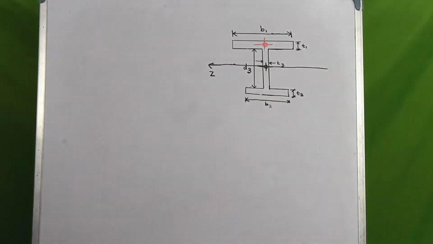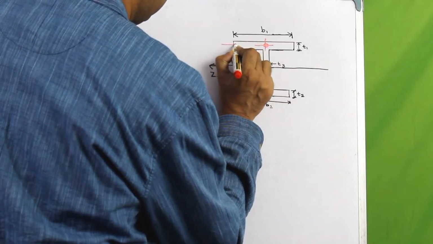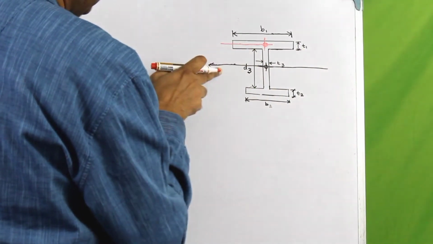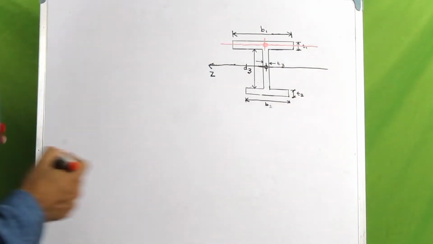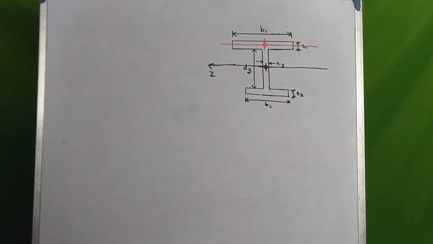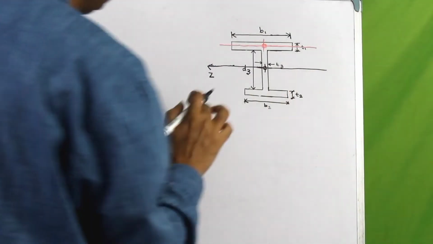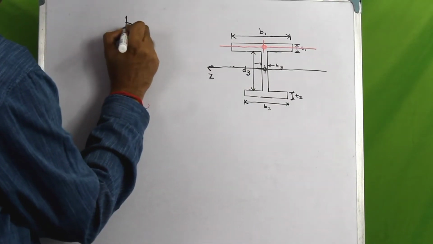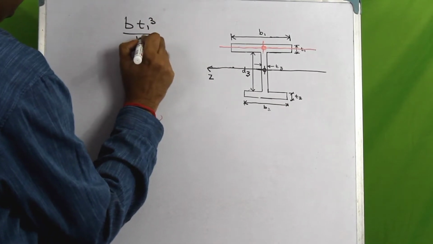Now we want to identify the moment of inertia about an axis that is parallel to the Z axis for the top flange. So what is the moment of inertia of the top flange about its own centroidal axis that I have drawn? Well, based on what we have learned, it will be b t1 cube by 12.